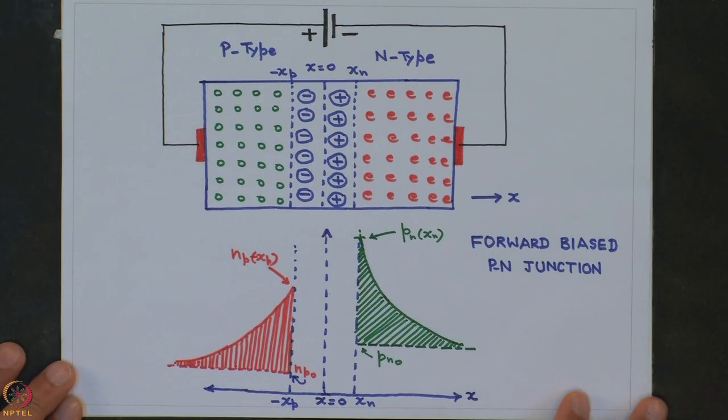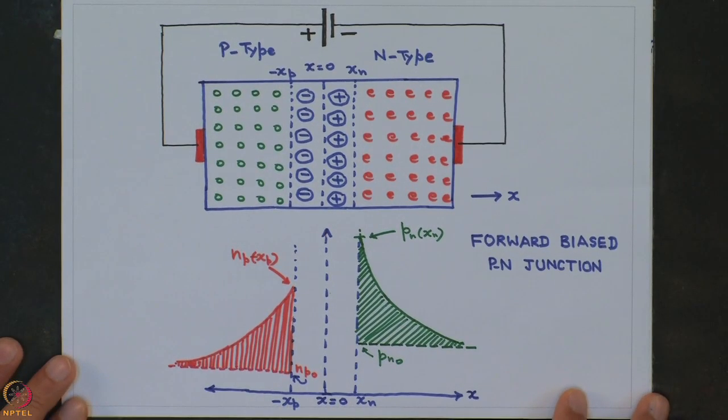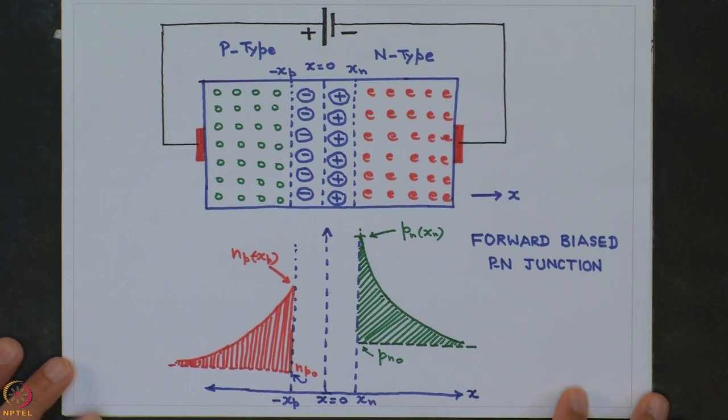Okay, now what you see is a PN junction which is connected in the forward bias manner. So you can see that the P type side or the anode is connected to the positive terminal of the supply and the N type, which is the cathode, is connected to the negative terminal of the battery.